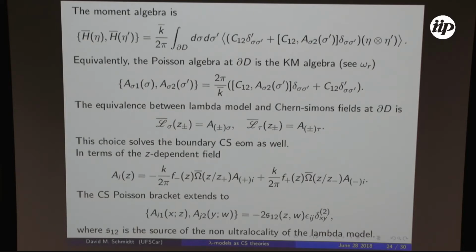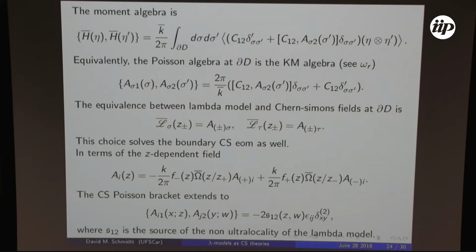The equivalence of the lambda model and the Chern-Simons field on the boundary is this one. It is the extended Lax, not the original one. So with this little dictionary, we can show how both theories at these particular points describe the same system.